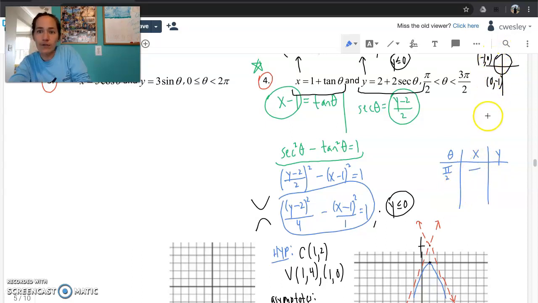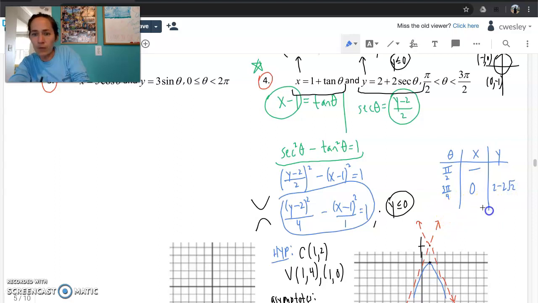Pick another value. Pick a quadrant 2 value. I chose 3 pi over 4. Either use your exact values or use a rounded decimal, that's fine. But if you go 1 plus tangent of 3 pi over 4, that's 1 plus -1 gives you 0. 2 plus 2 times the secant of 3 pi over 4, here's the exact value, 2 minus 2 square root of 2.